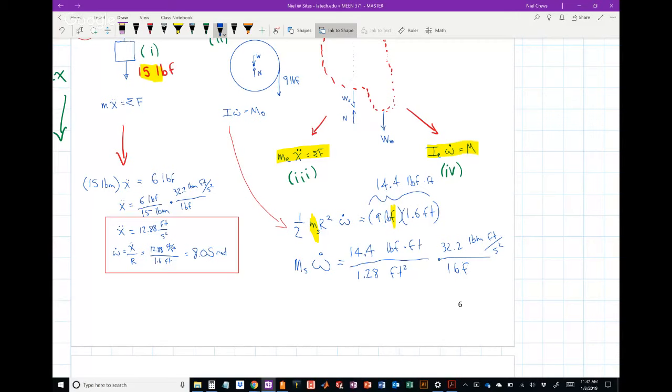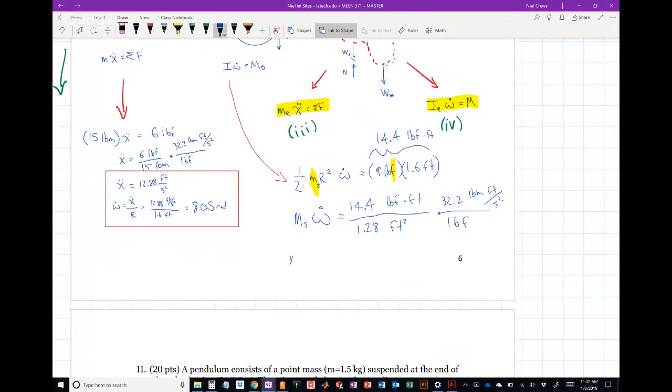Let's take a look at the units. So here we have m_s omega dot equals 362.25. Pound force cancels out. Feet and feet squared cancel out.